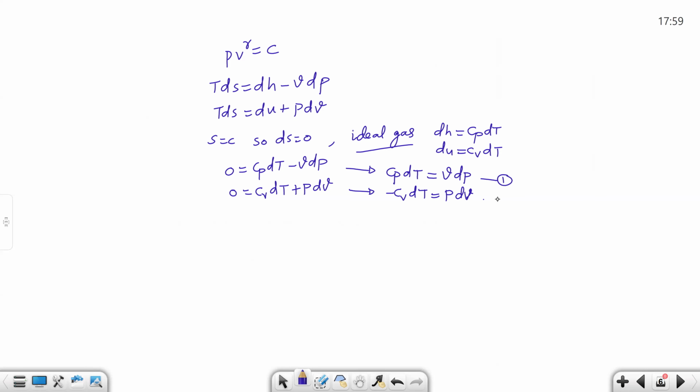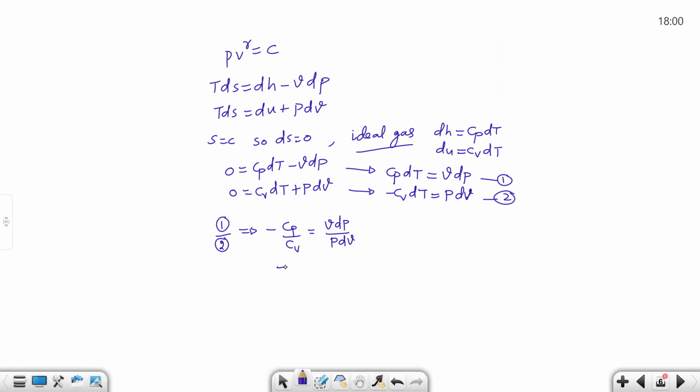This is equation 1 and 2. So 1 divided by 2 gives minus Cp by Cv equals VdP by PdV.